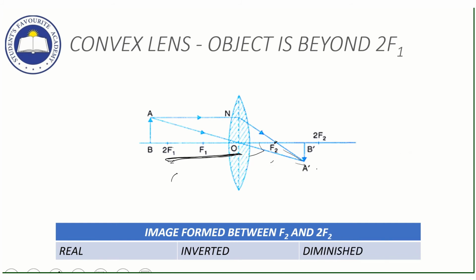So when an object is kept beyond 2f1, the image will be formed between the second focal point and the second center of curvature, and the image will be inverted, real and diminished, meaning smaller than the object.